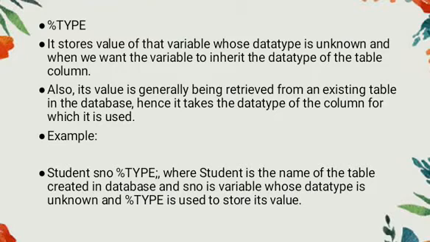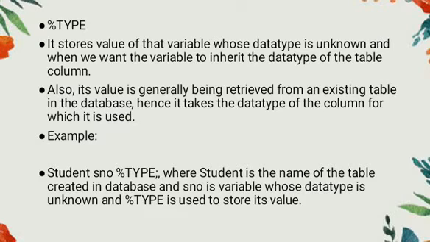Next, percent type. It stores the value of a variable whose data type is unknown, and is used when we want the variable to inherit the data type of a table column. Also, its value is generally retrieved from an existing table in the database.